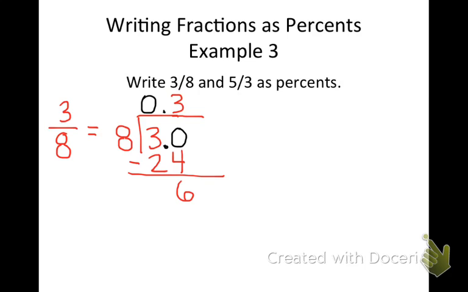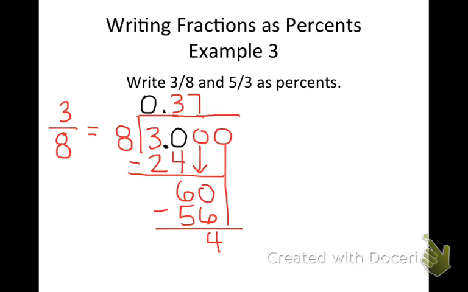With 6 left over. Add a 0 and bring it down. 8 can go into 60 7 times. Which is 56. 4 is left over.